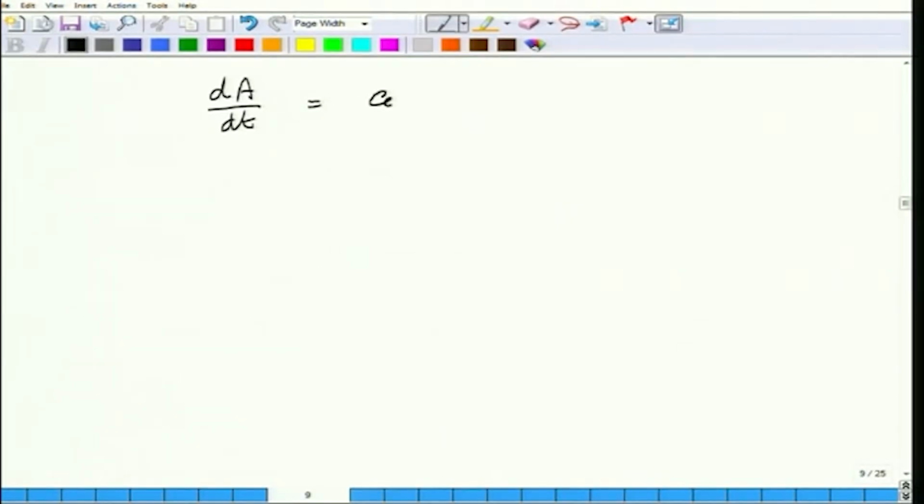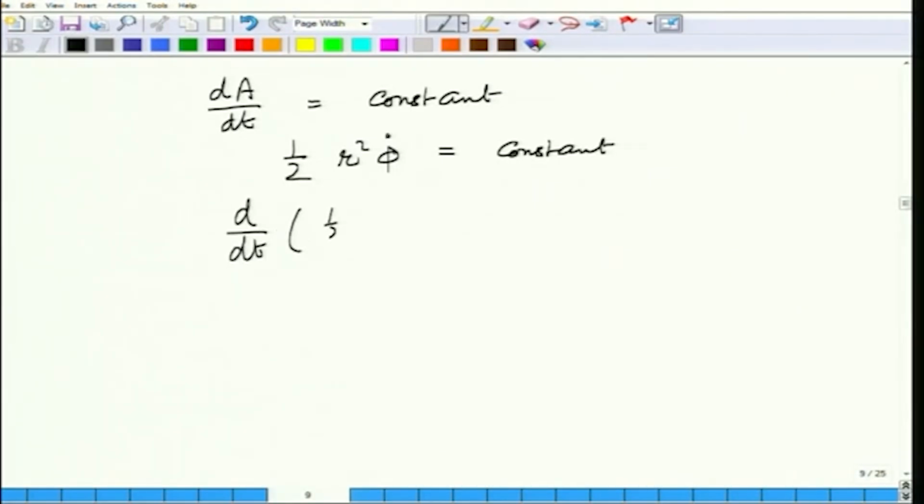So this is the rate of change of area, and what Kepler's second law says is that dA dt is a constant, which means that 1/2 r square phi dot is a constant. Therefore if I take the time derivative of this quantity, since it is a constant, it is going to be 0. Let us now take the derivative.